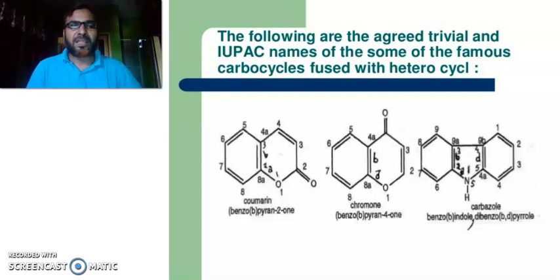Now you can see coumarin (benzo[b]pyran-2-one), chromone (benzo[b]pyran-4-one), and benzo[b]indole, dibenzo[b,d]pyrrole.